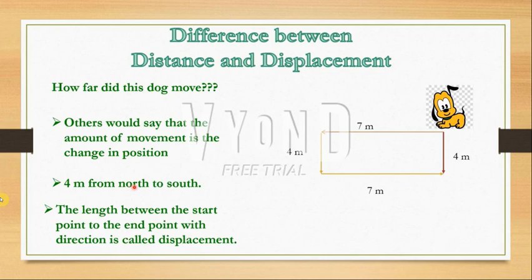So sometimes to simplify things, we say that displacement is distance with direction, but it's not exactly that. It's the length between the start point and the end point. The distance is the whole path; I need to measure the whole path, but with no consideration of direction.